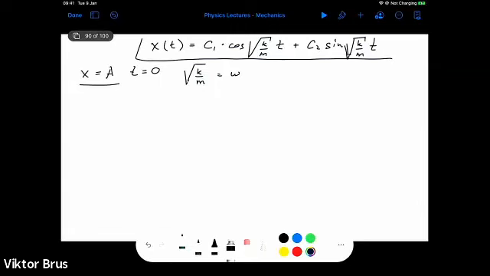Cosine should be taken of some angle, and the product of angular velocity and time actually gives us the angle. That's why we make this replacement. Then it will be easier to write all these equations again and again.